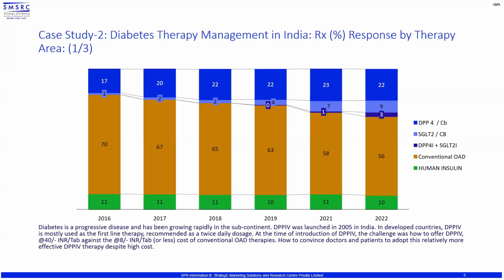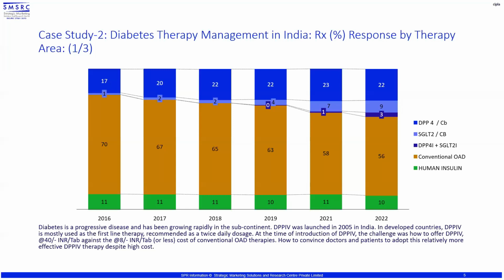So we can say that 22 plus 3, 25% goes to DPP4 over a period of time from an almost zero base. The rest of the OAD therapies we have classified as conventional OAD, which used to be 90% before 2005, other than insulin. Now that has shrunk to 56%.